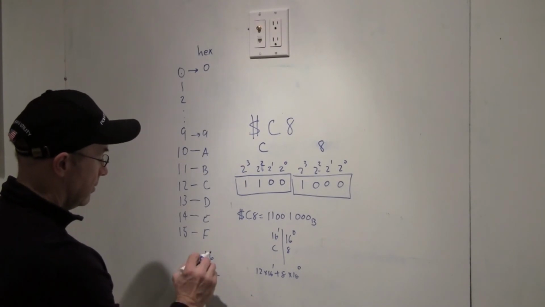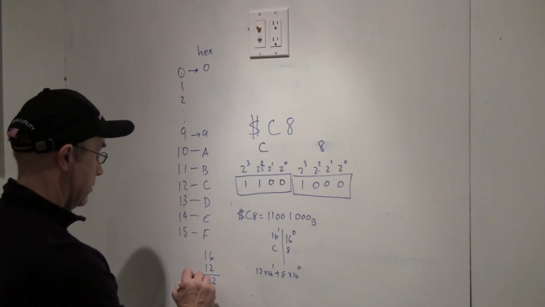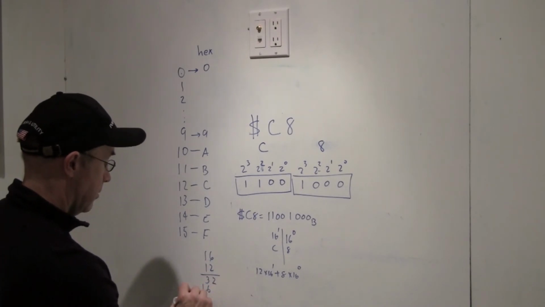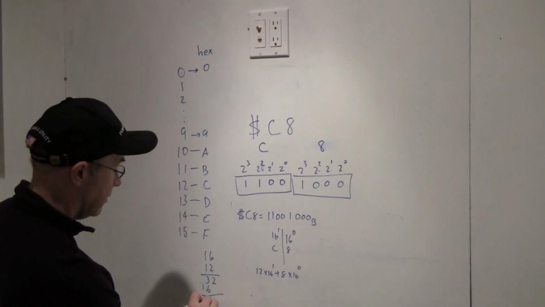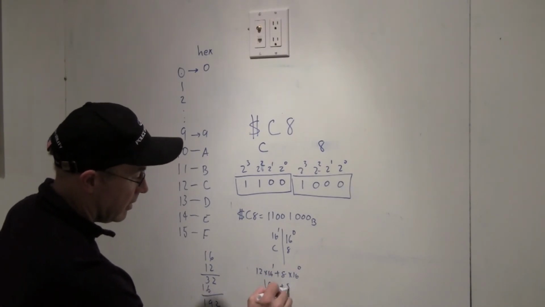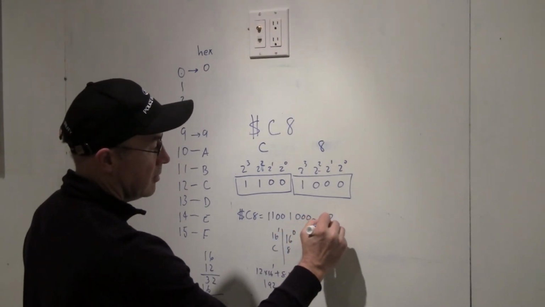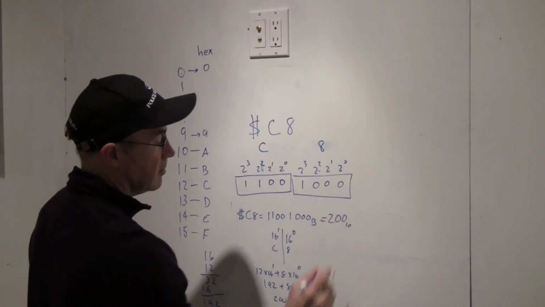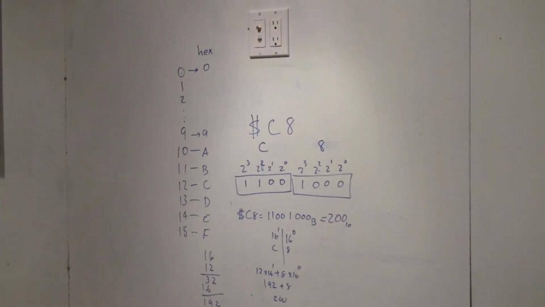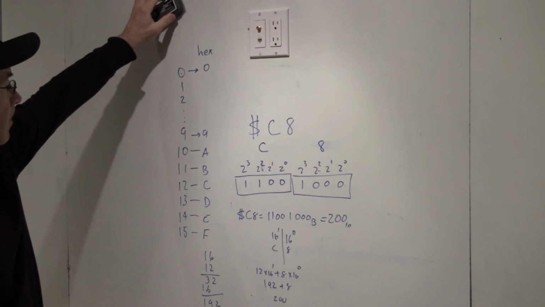I don't know what that is. So 192. 192 plus 8 is 200. So 200 in base 10 or decimal, whatever you want to call it. That's my short lesson on hex, decimal, and binary numbers.